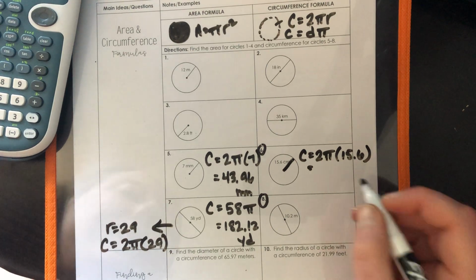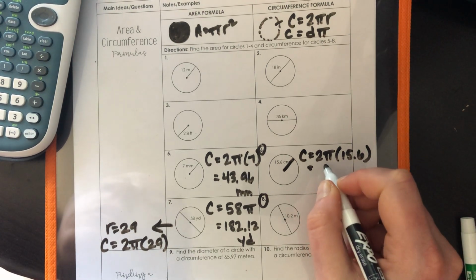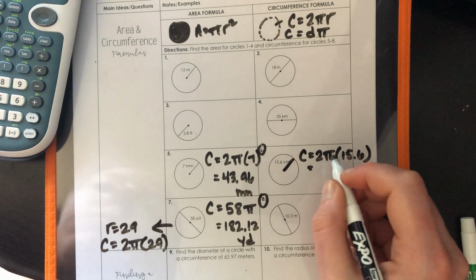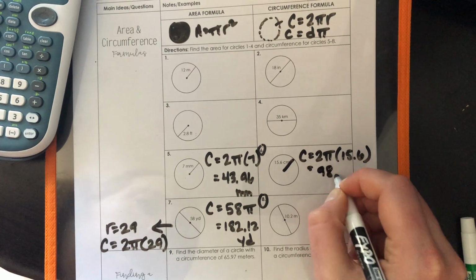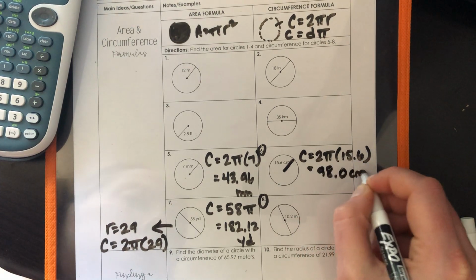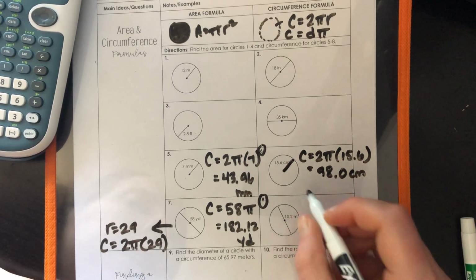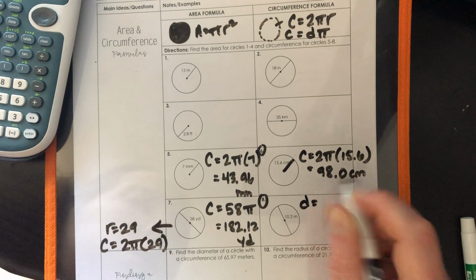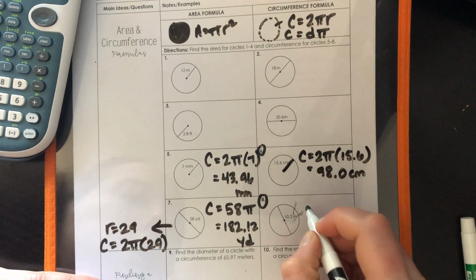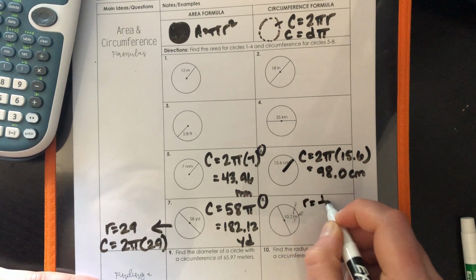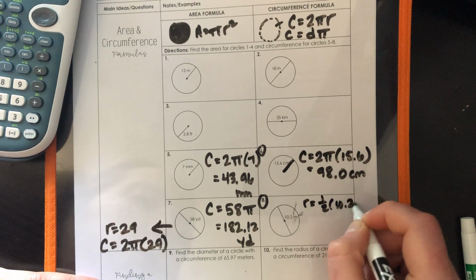So if you rounded to the tens place, that would technically round to 98.0 centimeters. But if you said 97.97, that's fine too. Number 8, they gave me diameter. Well, I'm going to backtrack. The radius is half of 10.2.